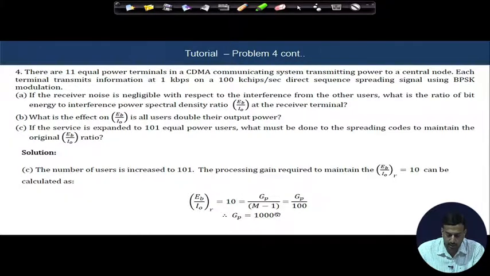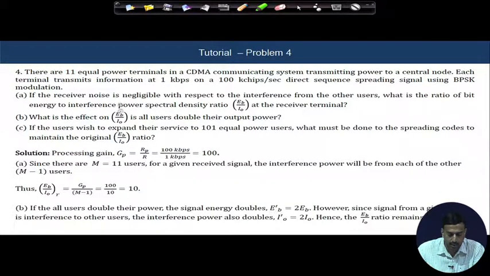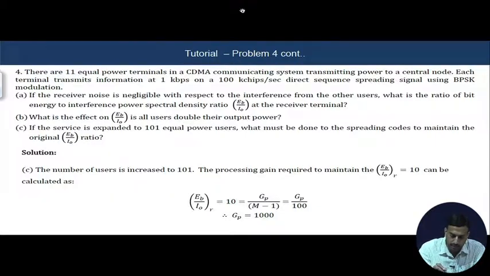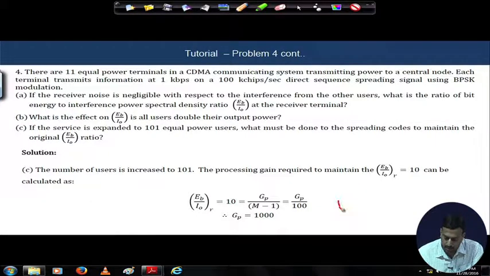So now what has to be done, because we have fixed the transmit rate at 1 kbps. We originally had a sequence transmitting at 100 kilochips per second, but now we need the code rate to increase, so that we get a processing gain of 1000.